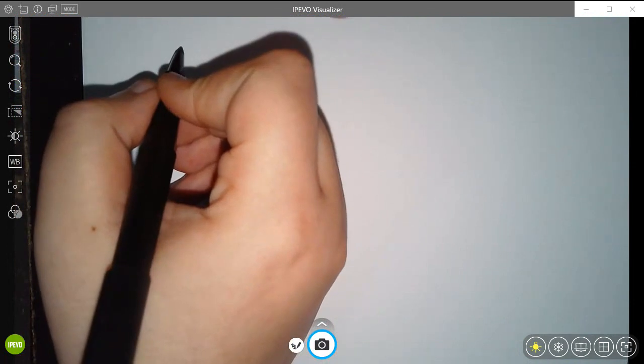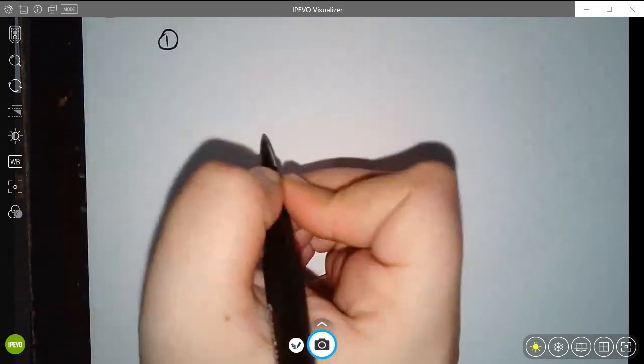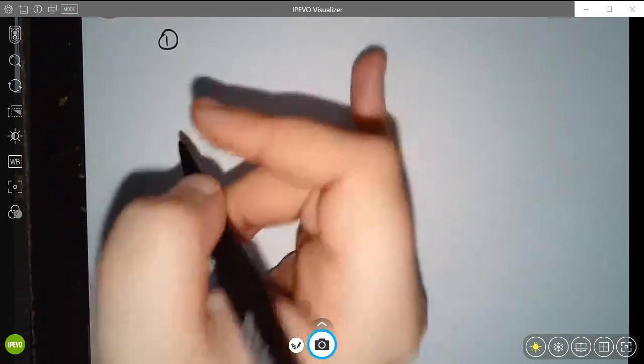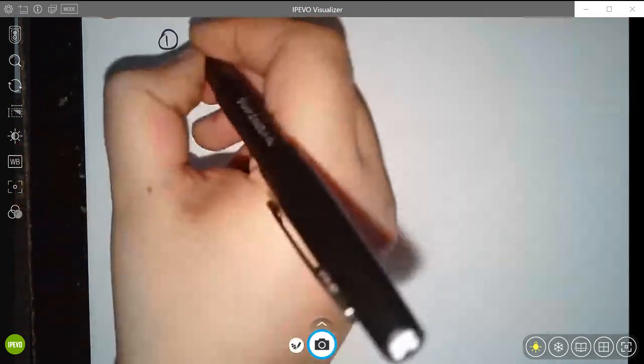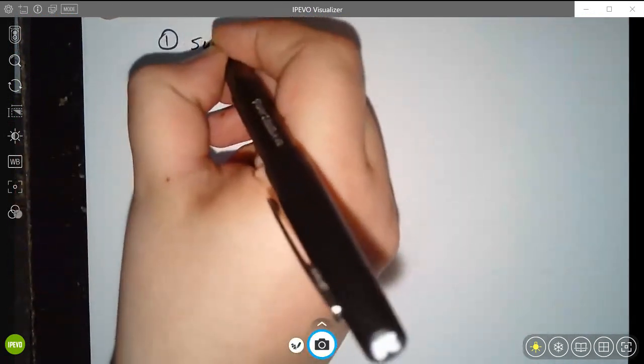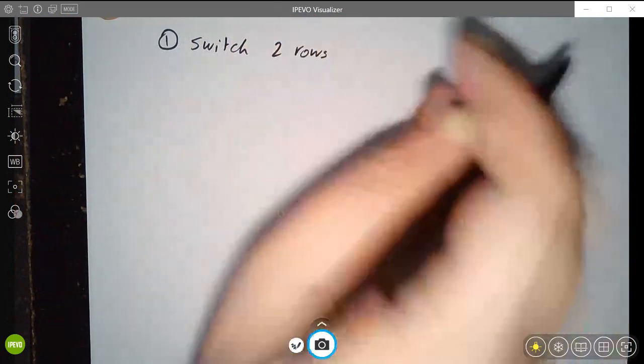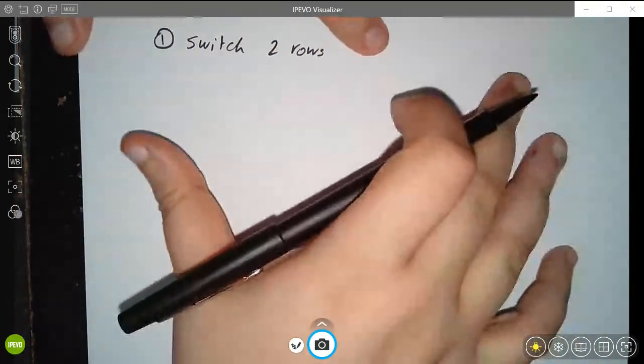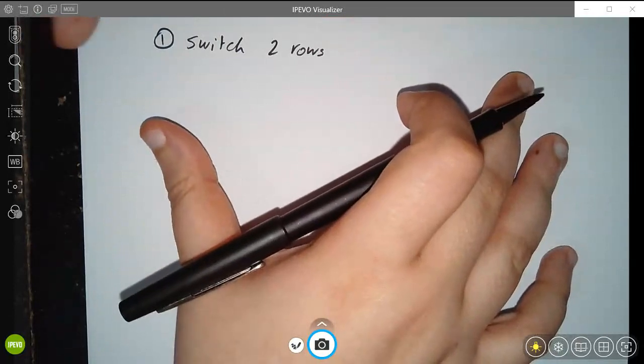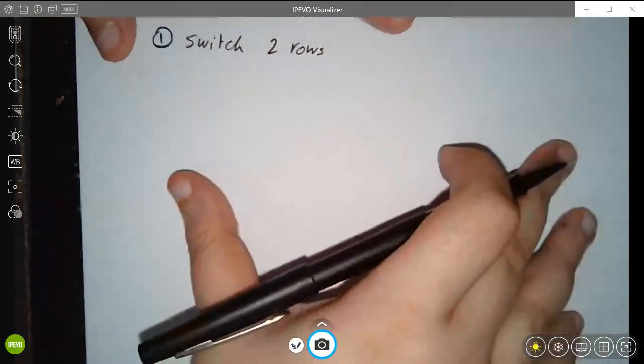All right, so the first operation is called interchanging of rows. So it's when you switch 2 rows, or at least 2 rows at a time. You can switch more than 1, but it's 2 at a time, right?